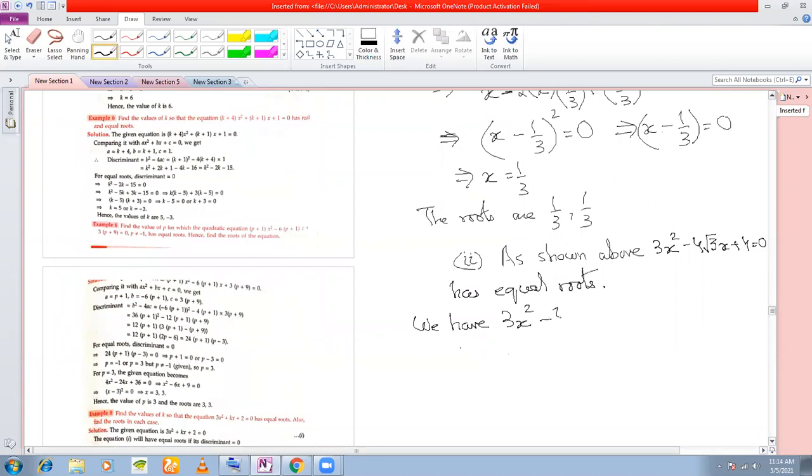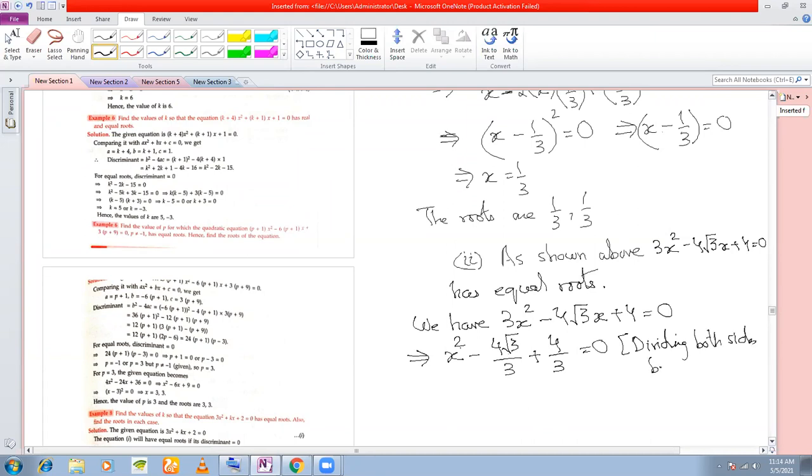So we start from the equation. We want to make the coefficient of x square as 1, so we divide both sides by 3. Dividing both sides by 3.